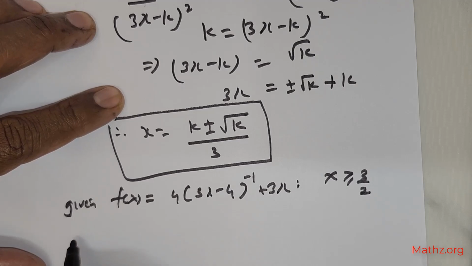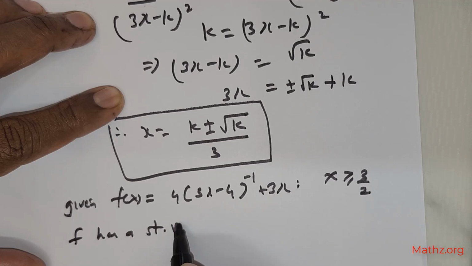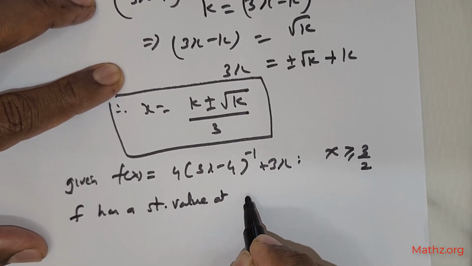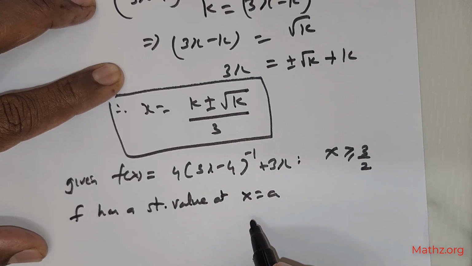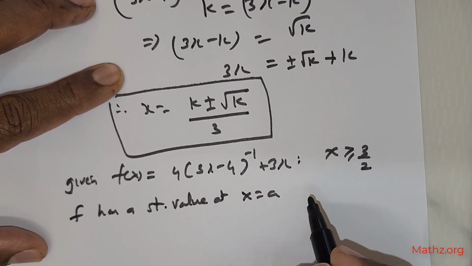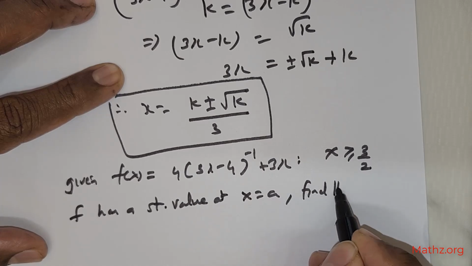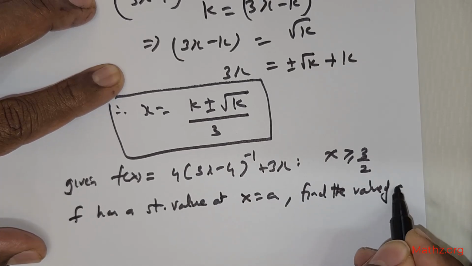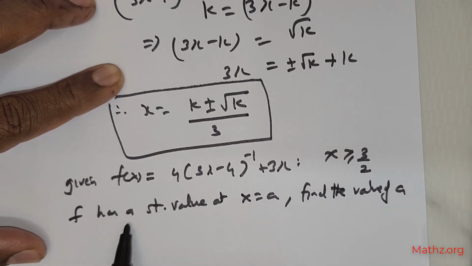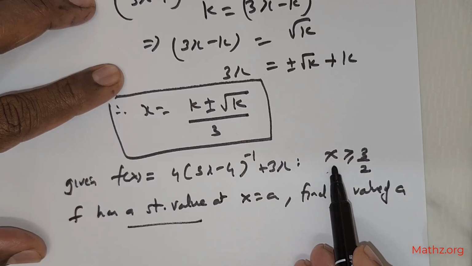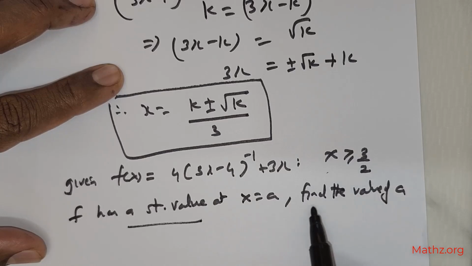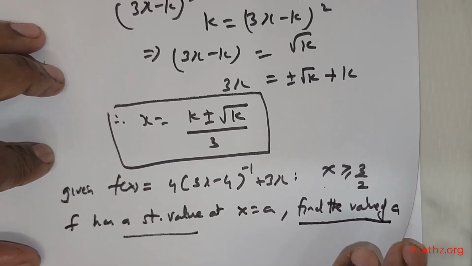Now it is stated that f has a stationary value at x equal to a, and we are expected to find the value of a. So we are given the function, and we are also told that there is a stationary value at x equal to a. With this condition, x being greater than or equal to 3 over 2, we are expected to find the value of a.